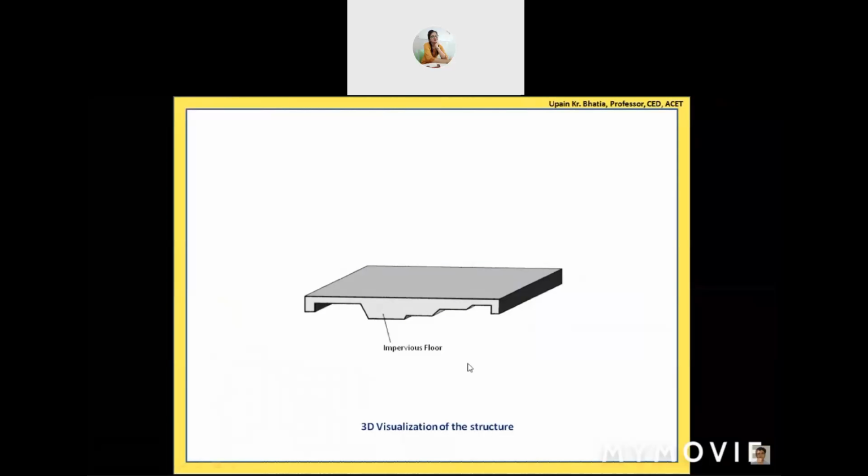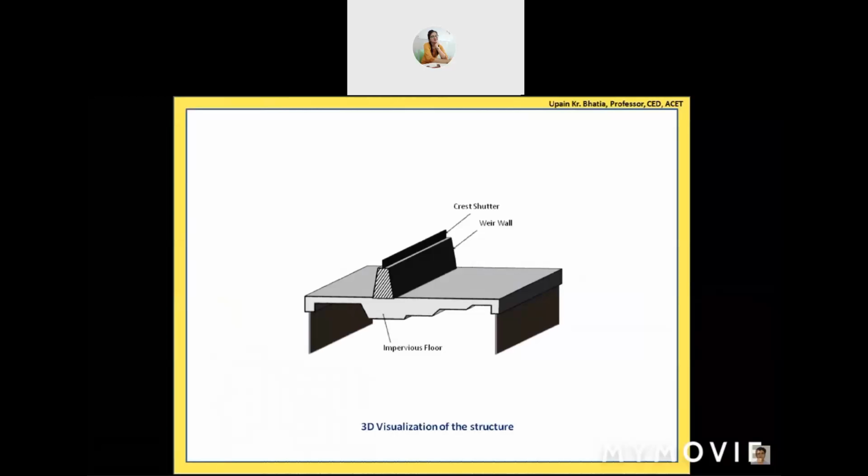But this floor is designed and it is provided on the riverbed. Above this concrete floor, we provide this weir wall, and on top of this weir wall, we provide the crest shutter. So this is the 3D visualization of how the structure would look like. So these are the sheet piles. Sheet piles are running. In the previous slide, you have seen them in the form of lines only, and I told you that these sheet piles are running perpendicular to the screen.